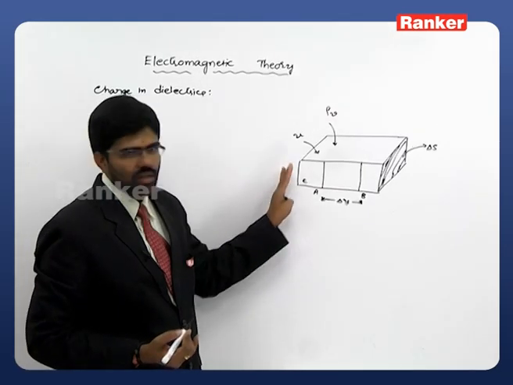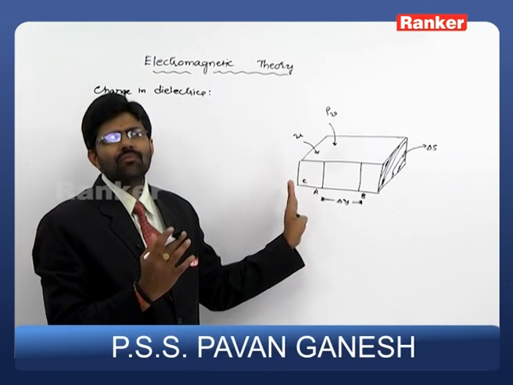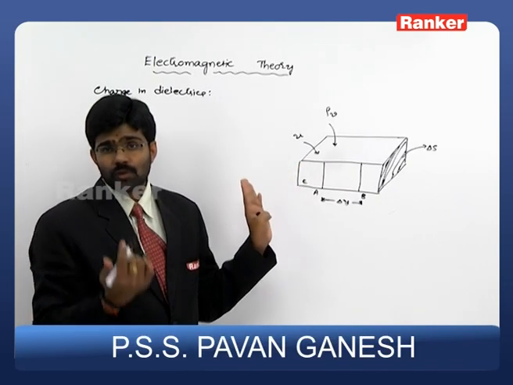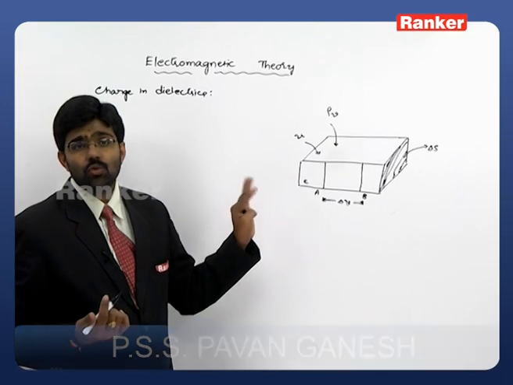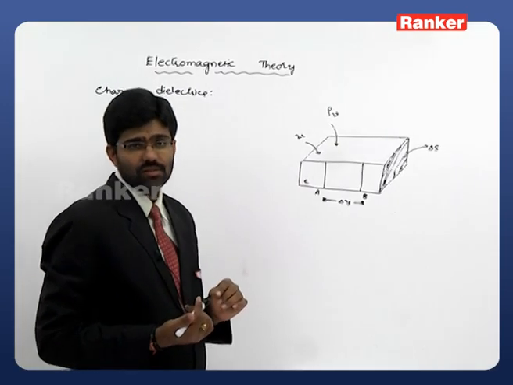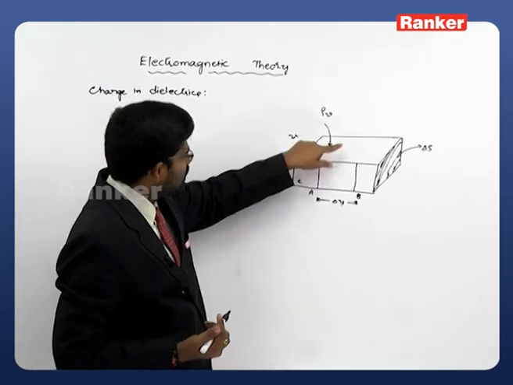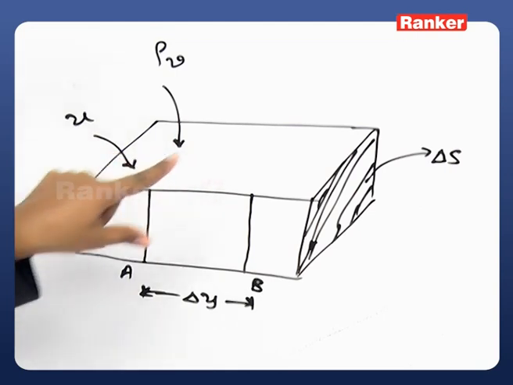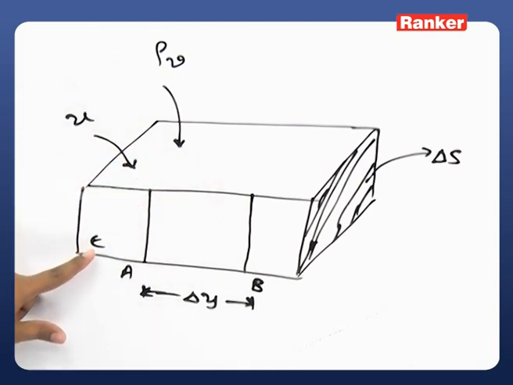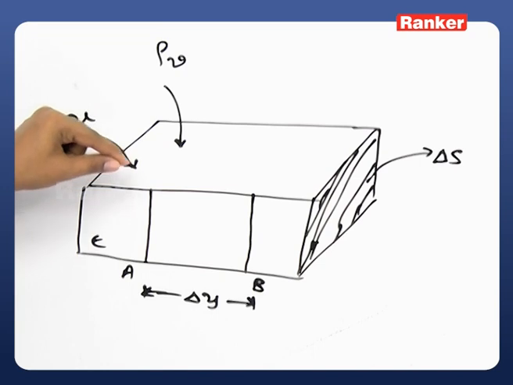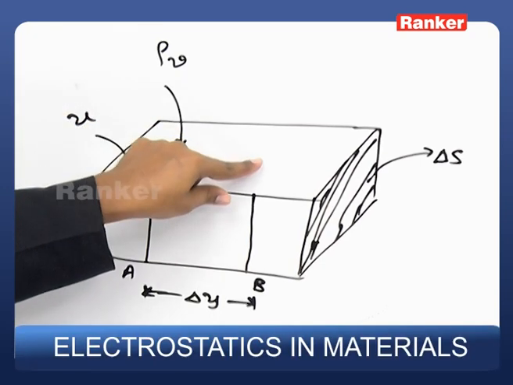These are the parameters I am considering to obtain a few quantities which are essential to observe our Maxwell's equations. Once again, this is a dielectric slab characterized by its dielectric permittivity or dielectric constant, and we are considering two points, with the charge moving from this point to this point.